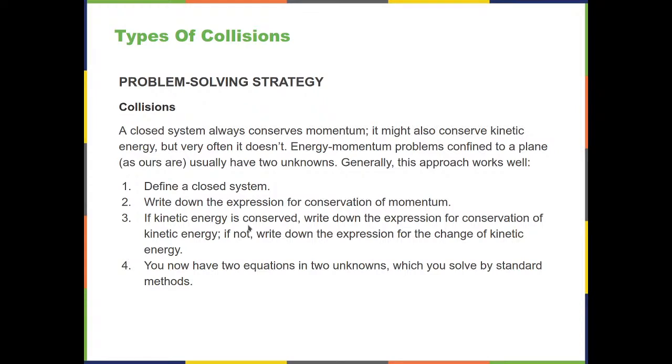That's the case for elastic collisions. If kinetic energy is constant before and after the collision, then we can write down a second equation. So we've got two equations in two unknowns. The two unknowns are generally the final velocities of the two particles that have interacted, which we can solve using regular systems of equations.